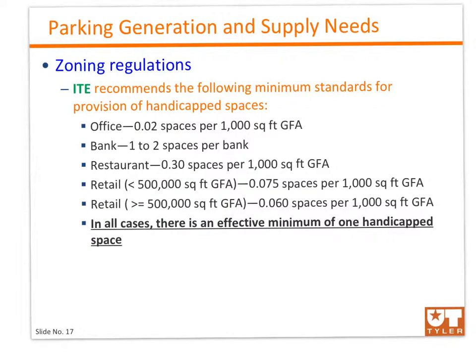A high area times a high coefficient would give you too many handicapped spaces that may not be used efficiently, so the coefficient goes lower if the area is much higher. In all cases, as I said before, there is an effective minimum of 1 handicapped space. You have to have at least 1 handicapped space for any facility.